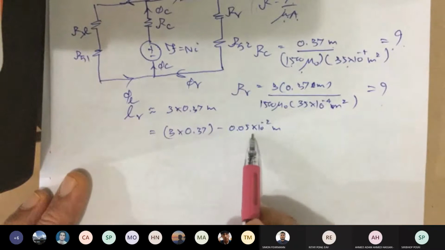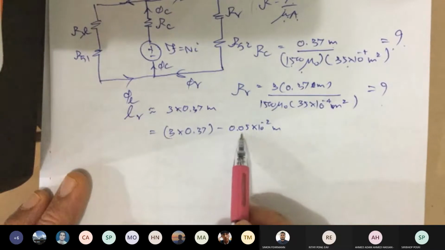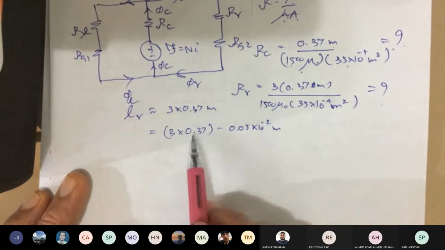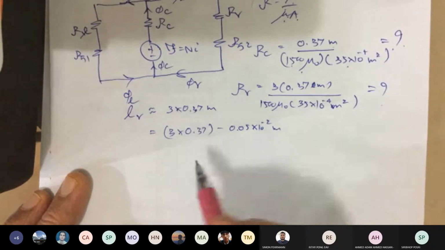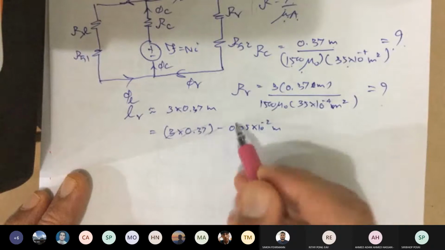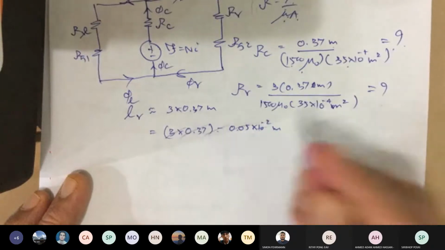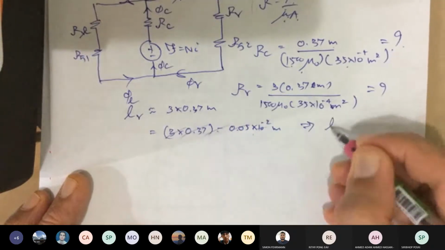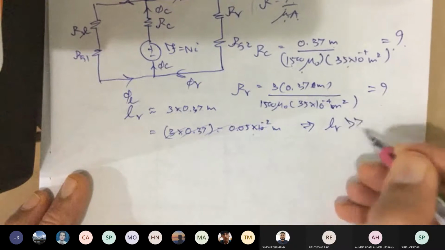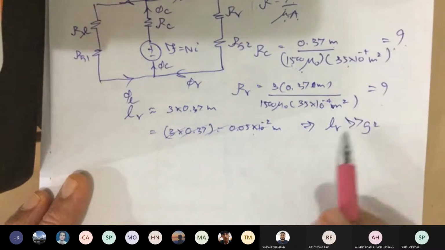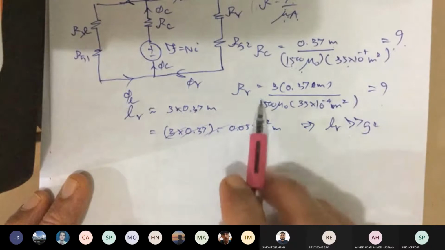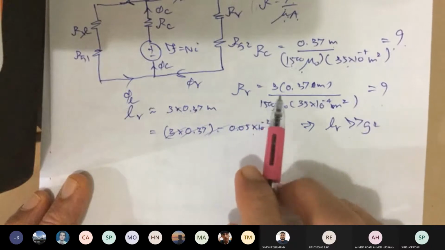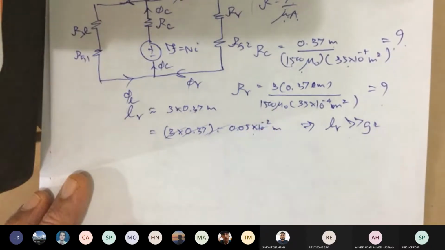You notice that that is a very small number, 3 zeros after the decimal point. So if you subtract that, it's almost the same. So we can neglect that, you don't need this. The reason we can do this is that we assume that LR is a lot larger than G2, which is the case, many times larger. So this is an approximation, but a very close approximation.